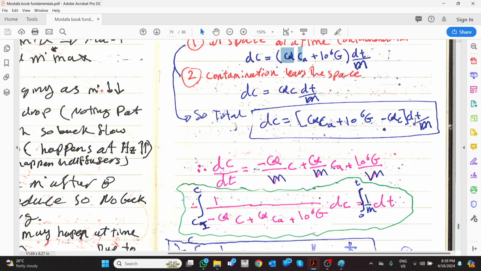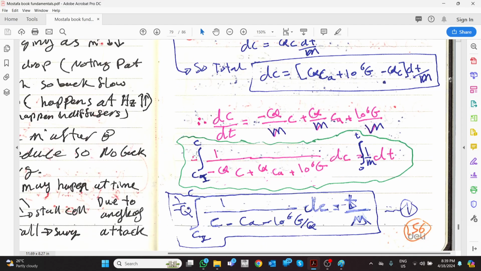I just put the dt there. So an integration from the initial concentration to a certain concentration is equal to, it is just algebra, by the way, you put the m common and you put all of these terms there.